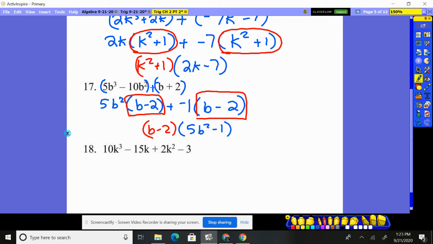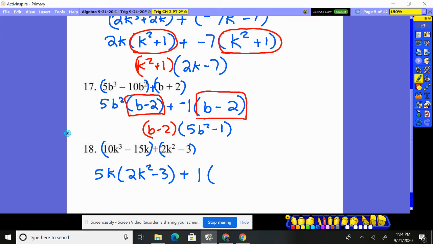18. Luckily, it looks pretty simple. 10 and 15, I have a 5k cubed k, just a k. 5k times a 2k squared gives me back my 10k to the third. 5k times a negative 3 gives you the 15k. Plus, does anything factor out?